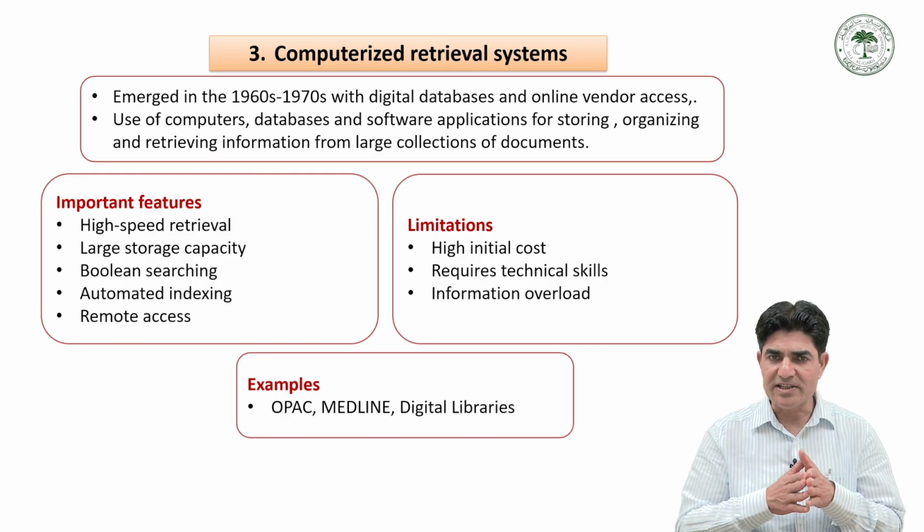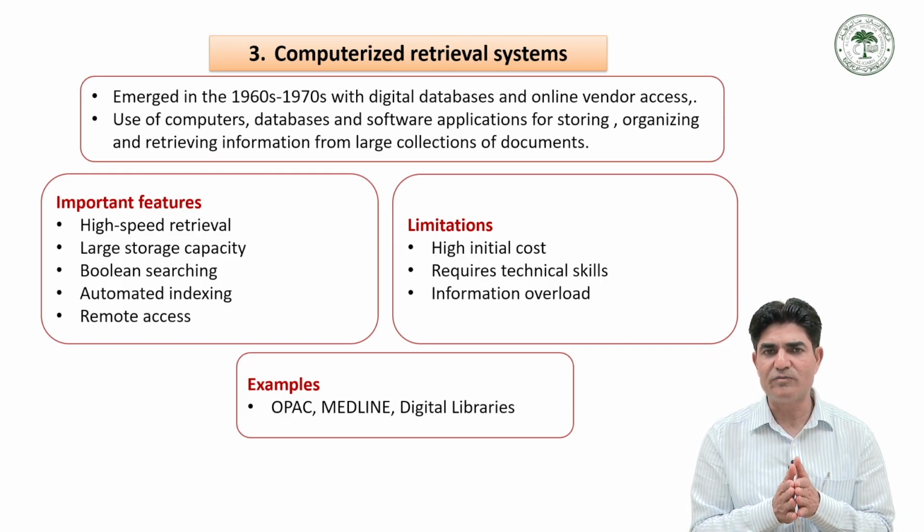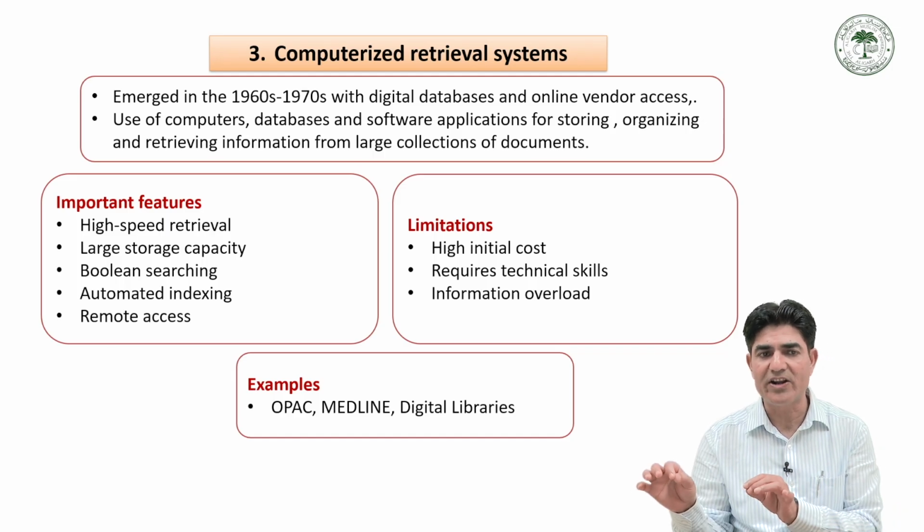So important features of these computerized retrieval systems are high speed of retrieval, because we can easily retrieve a document from a large number of documents. The storage capacity is larger because the computer can store a huge amount of data and information. It provides Boolean searching, so we can combine two or more keywords using Boolean logic like AND, OR, and NOT.